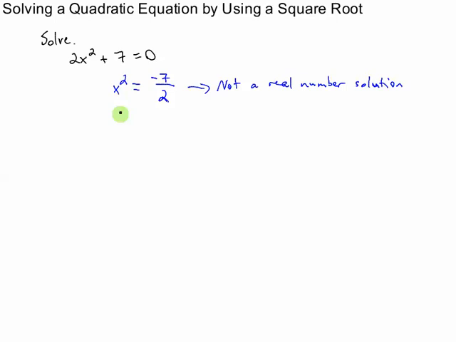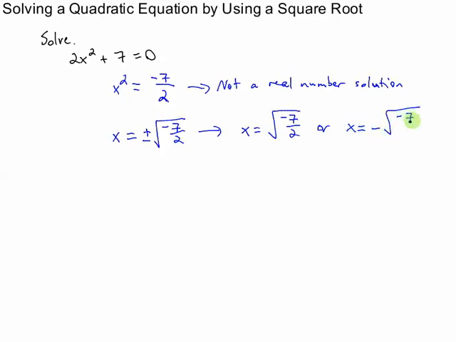So you take the square root of both sides, and the square root of x squared is x, and the square root of negative 7 halves, you have to consider the positive and the negative square root of negative 7 halves. So what this means, if you don't realize it, is it means x could equal the square root of negative 7 halves, or x could equal the negative square root of negative 7 halves.